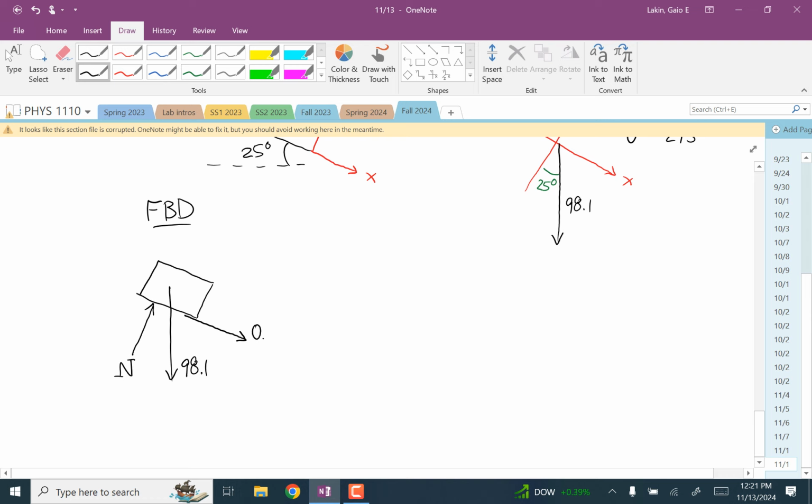And the magnitude is the coefficient of 0.3 times that normal force N. And so Newton's second law says, the weight force is 98.1 times the cosine of 295 degrees, 98.1 times the sine of 295 degrees.